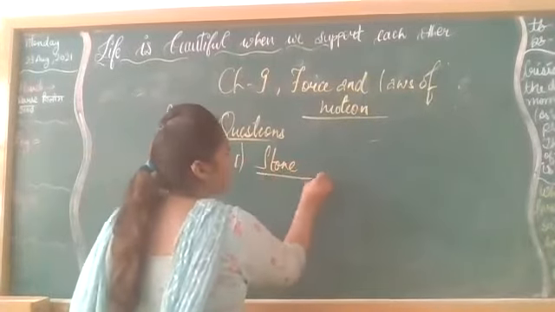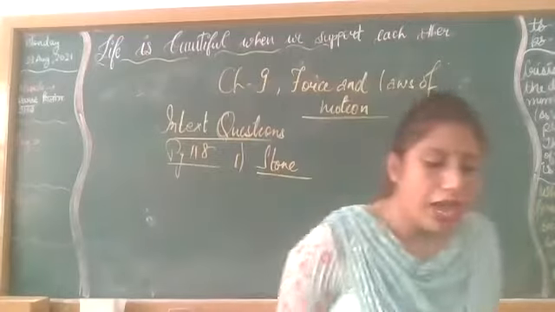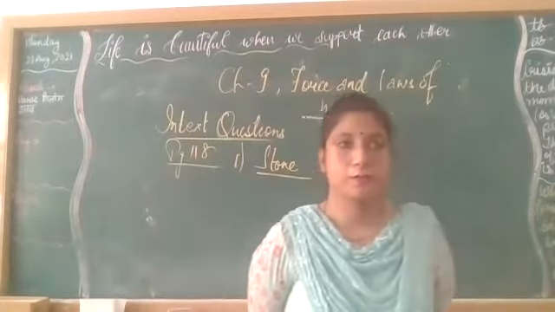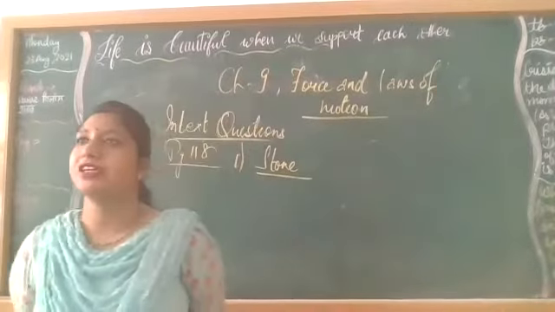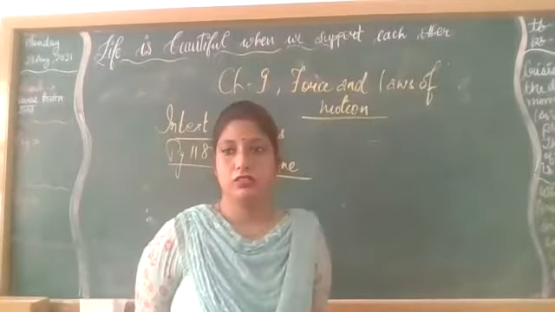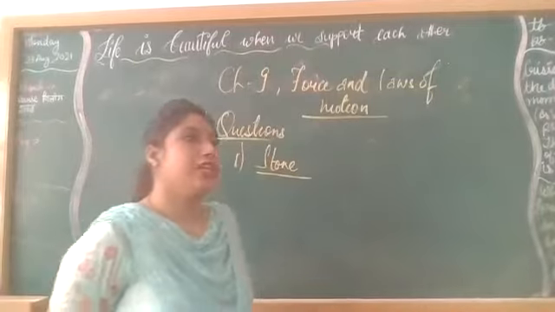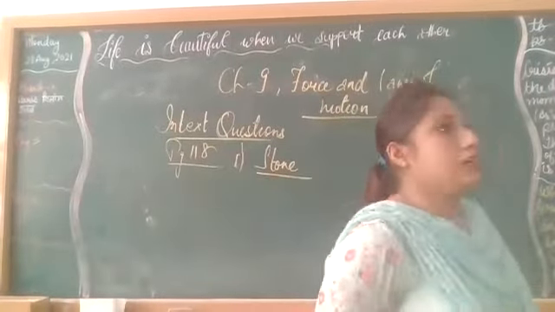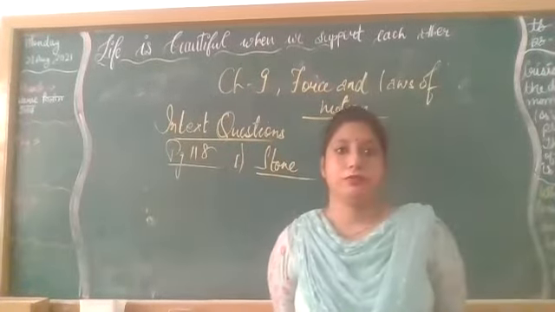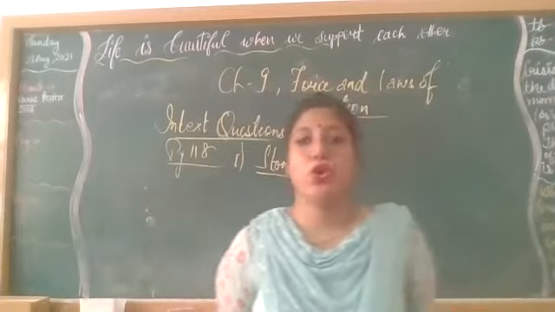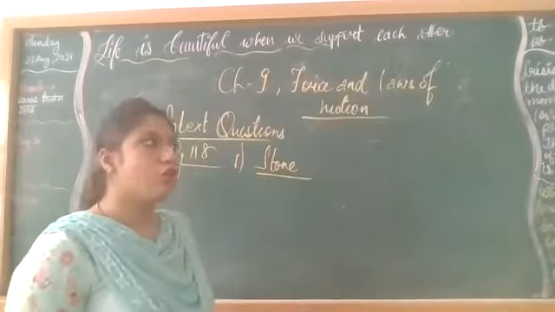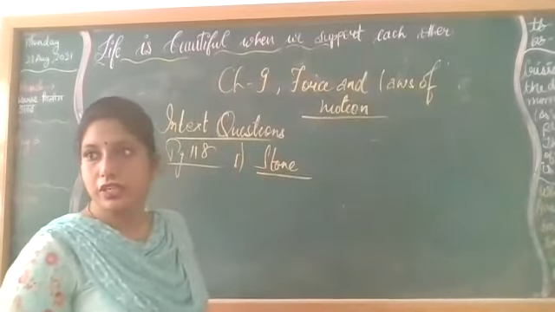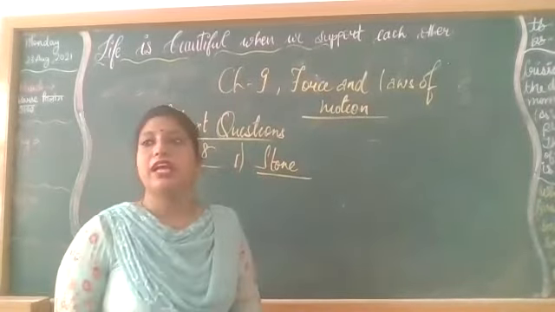Stone has more inertia because the mass of the stone is greater than the mass of the rubber ball. So the stone will have the greater inertia than the rubber ball.